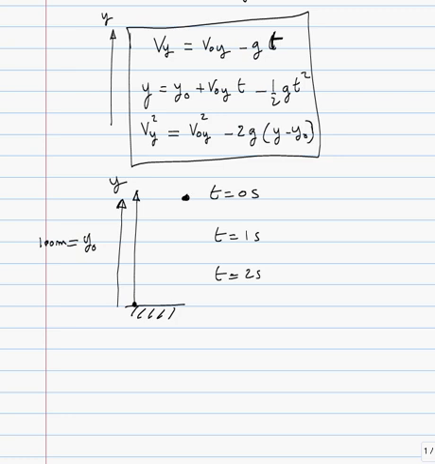So as I'm letting my object go initially, at t is equal to 0 seconds, my position is y naught, which is 100 meters above the ground, and my initial velocity, v naught y, is 0, because I'm letting the object drop without giving it any initial push or initial velocity.